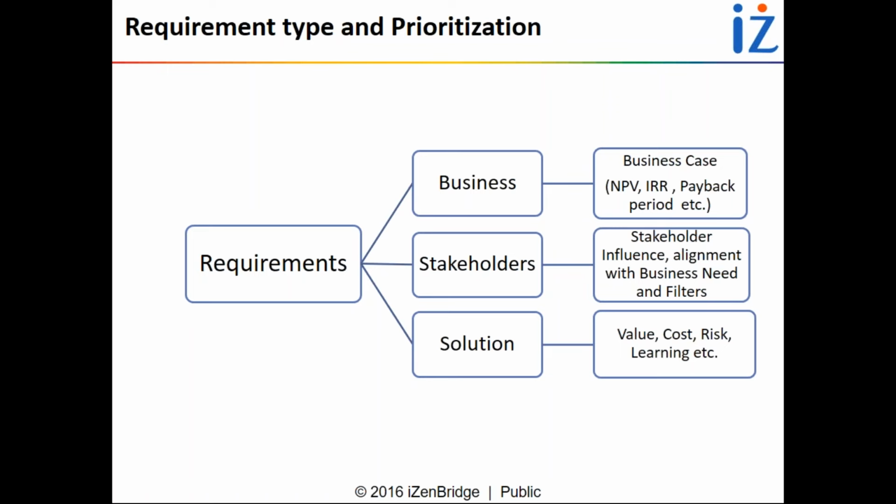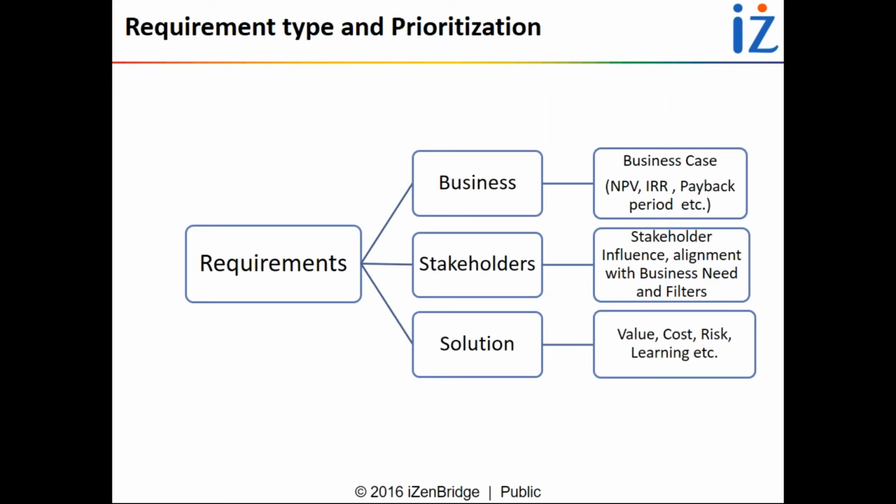So here you can see that you are using different tools at different types of requirements, and all these tools need to be aligned ultimately with the business requirements. Why am I emphasizing this again and again? Because requirement prioritization looks simple, but it is difficult to master.